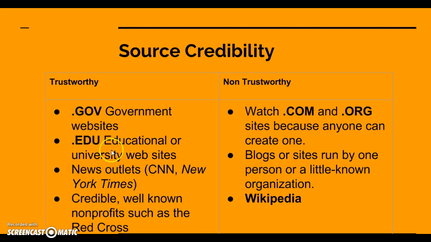We can trust them. Well-known news outlets, CNN, New York Times, Fox News, yes, I guess we say Fox News. Credible, well-known nonprofit organizations such as the American Red Cross. You could use these. Now these will have .com or .org domain extensions, but they are well-known.